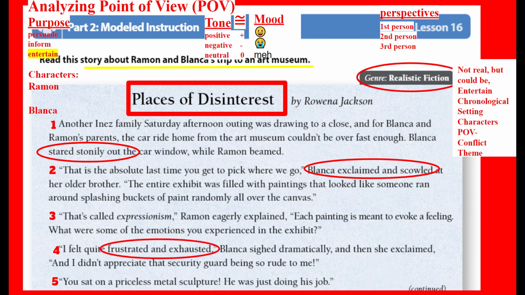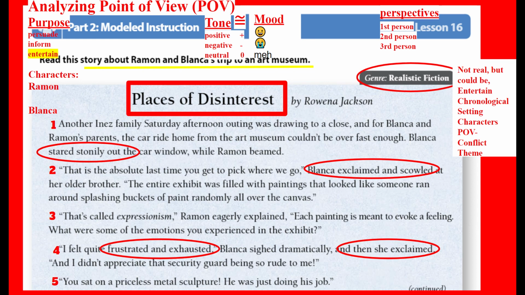In paragraph 4, she says she feels frustrated and exhausted. So, whenever her brother asks her what emotions she's feeling, she says she felt frustrated and exhausted. So, these describe her emotions when they were visiting the art exhibit. All right, so then of course, she sighs dramatically, and then she exclaims she didn't appreciate that the security guard was being so rude to her.